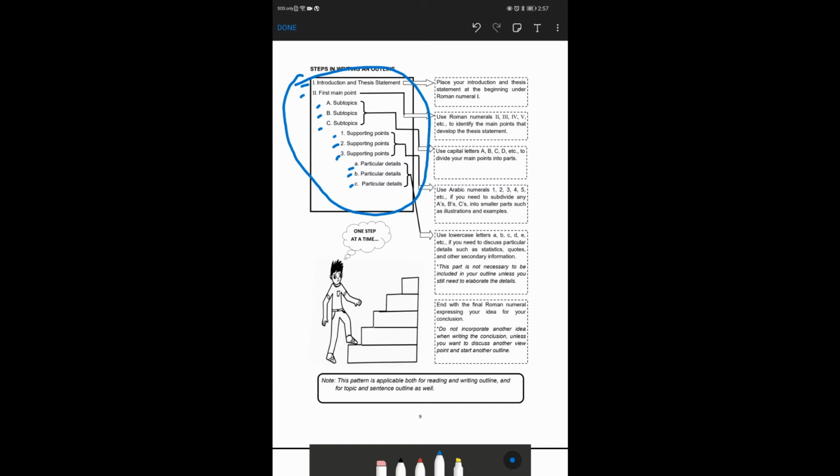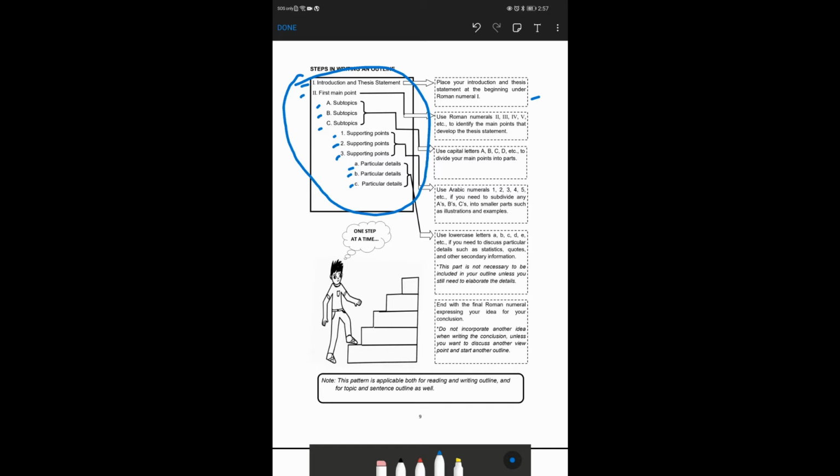So how do we use the Roman numerals? Okay, let's begin with the first. Place your introduction and thesis statement at the beginning under Roman numeral 1. So automatically, Roman numeral 1 will be used for your introduction and your thesis statement. If you remember when we talked about the structure of academic text, in your introduction, you don't immediately begin with your thesis statement.